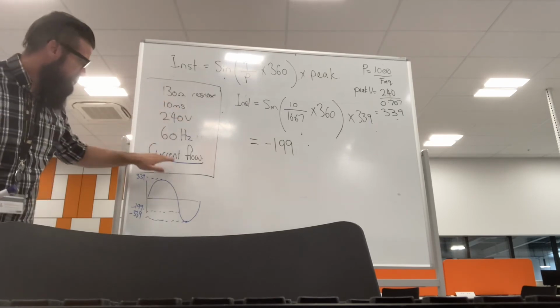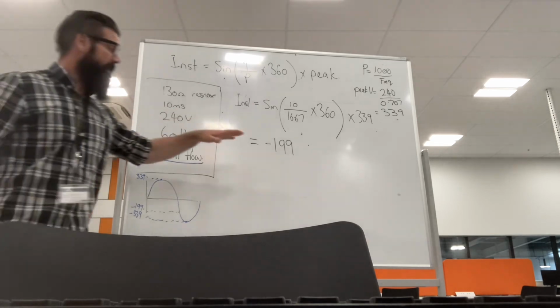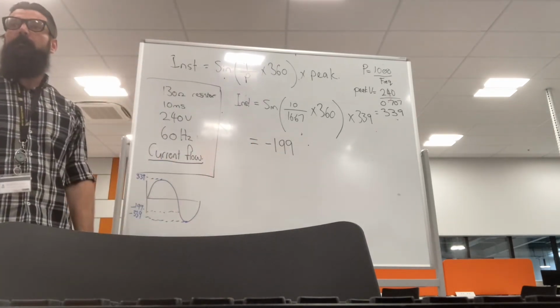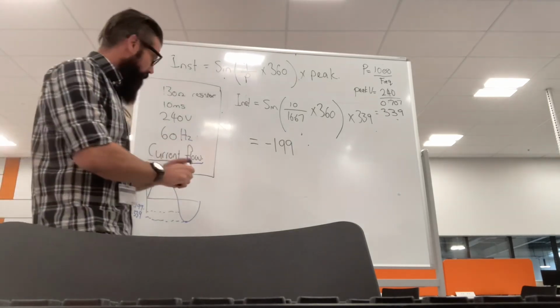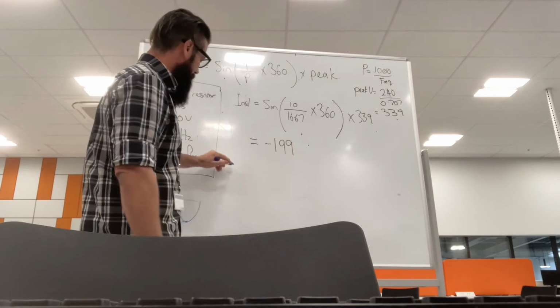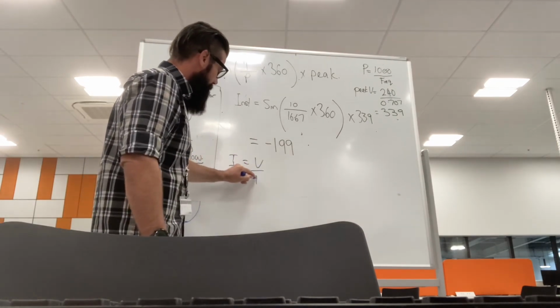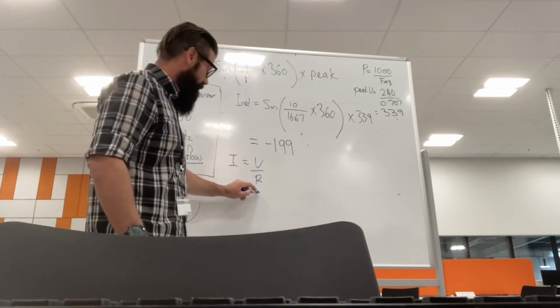Again, that question asks for, as you pointed out, only current flow, which means that I now have to take that instantaneous voltage and work out how much current is flowing at that point. But that's easy. That's just Ohm's law. I equals V over R. In this case, our voltage that's present is the negative 199.